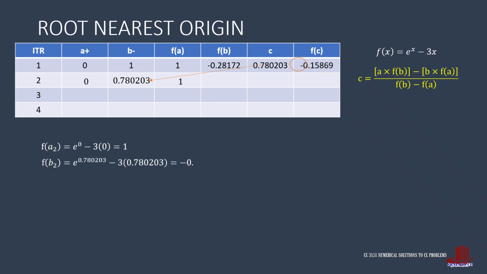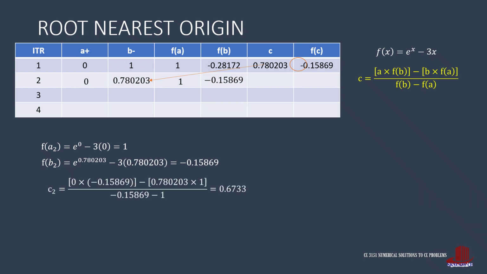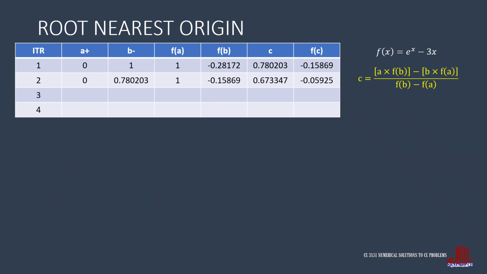F of B is then computed using the new value and turns out as -0.15869. With all four parameters identified, we can compute for C using the equation, where it also results to 0.673347. This value is again used in the function, where f of C2 is -0.05925.